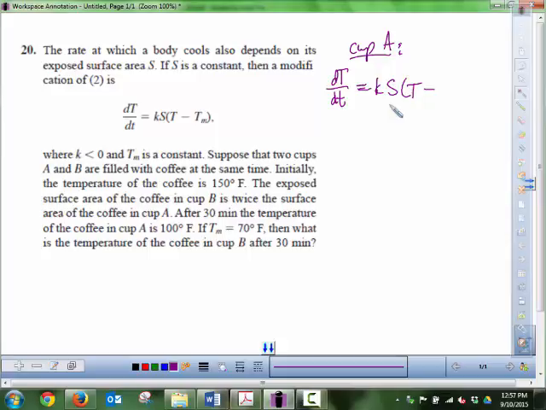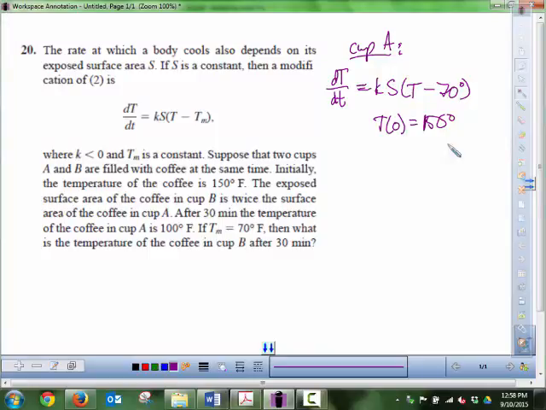What's Tm? That's the room temperature, 70 degrees. We also have the information that the instant the coffee was poured into the cup, the temperature of the coffee when this whole thing started is 150 degrees. So we can call that our IC, our initial condition. So we have an IVP, an initial value problem.